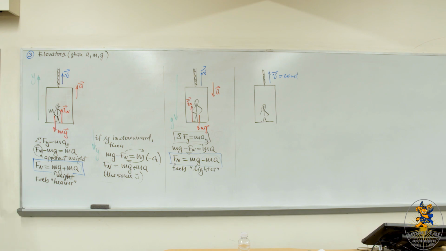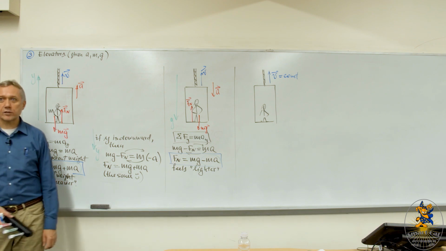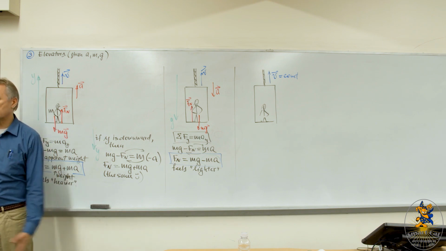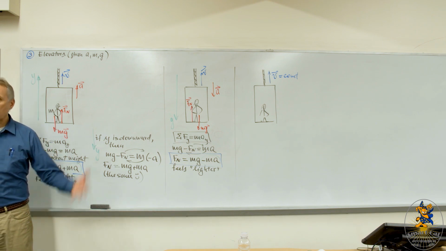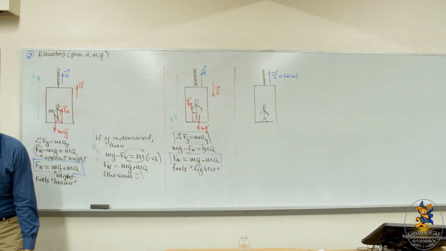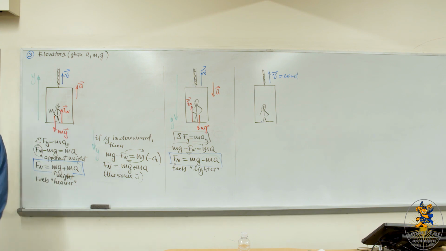Normal force will be equal to the gravitational force. Essentially, there is no difference between me standing on the stationary floor or me standing in an elevator which moves without acceleration. And of course, we all experience that in tall buildings when it reaches cruising speed.